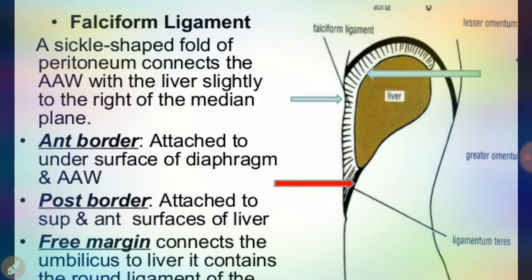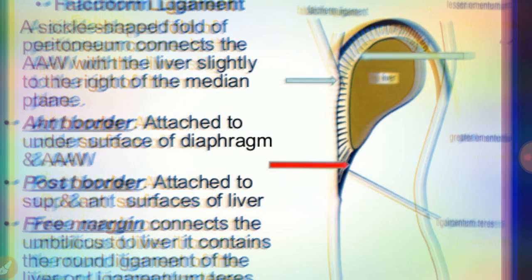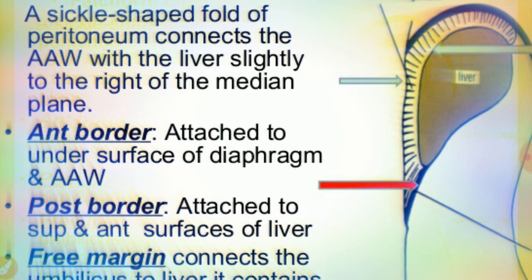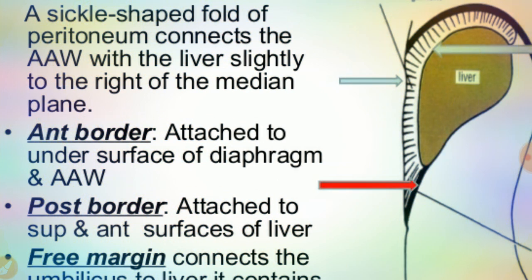In the falciform ligament we see the anterior border and the posterior border. The anterior border is attached to the under surface of the diaphragm and also the anterior abdominal wall.